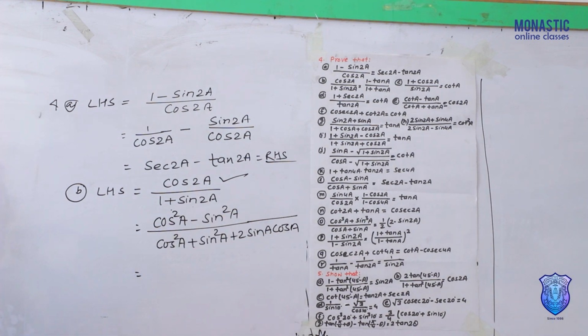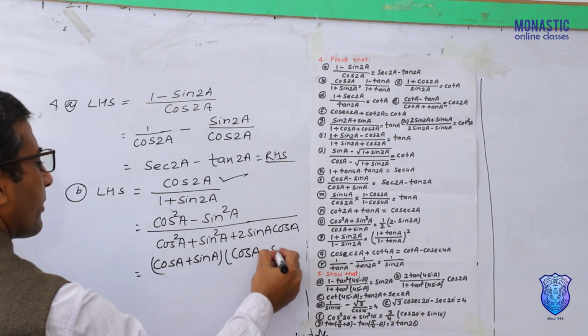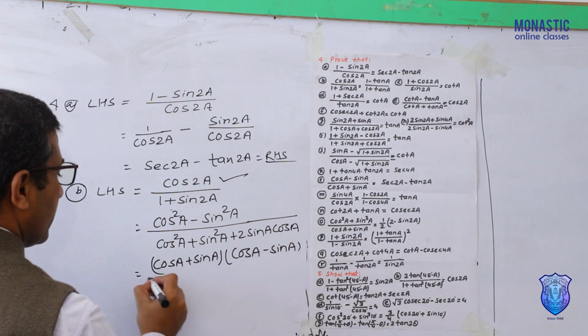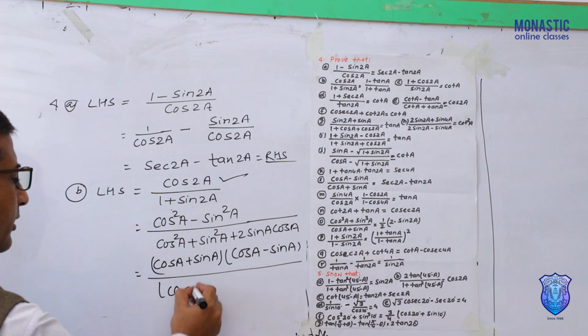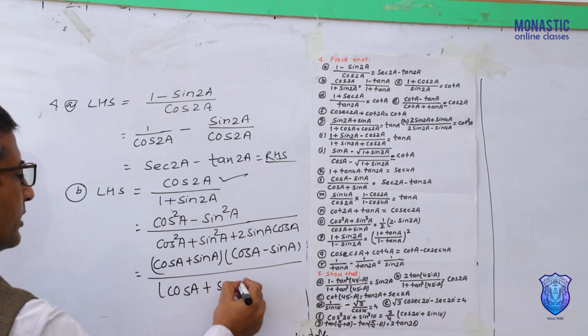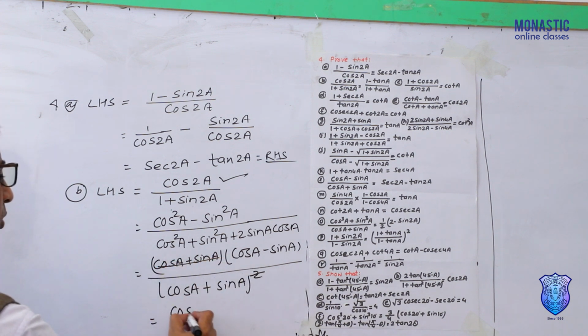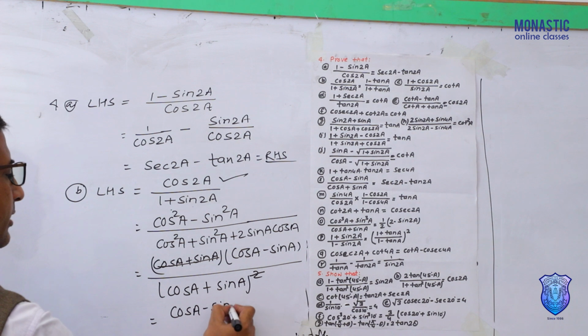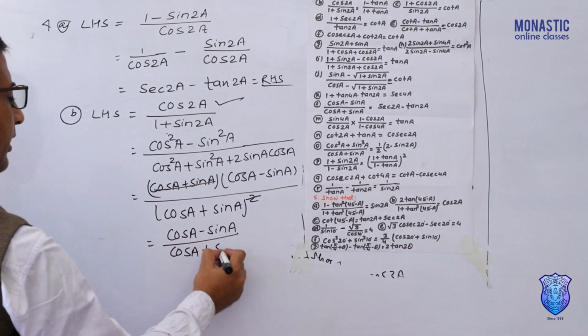Upper part, that is in the numerator, you have the formula a square minus b square, cos a plus sine a, cos a minus sine a. In the denominator, it's in the form of a square plus b square plus 2ab. That's the formula of a plus b whole square. These two cancelled. Cos a minus sine a by cos a plus sine a.